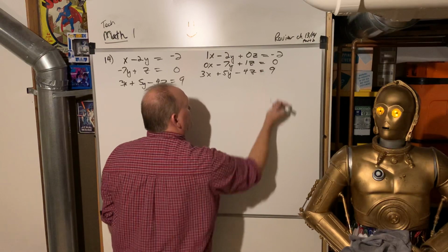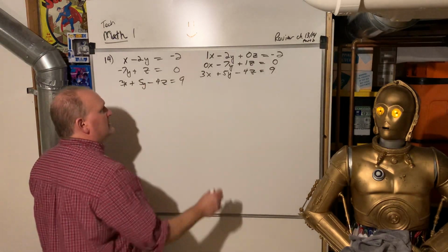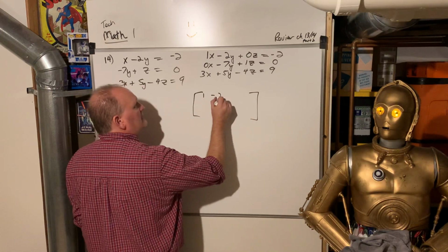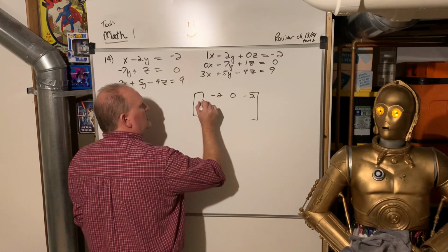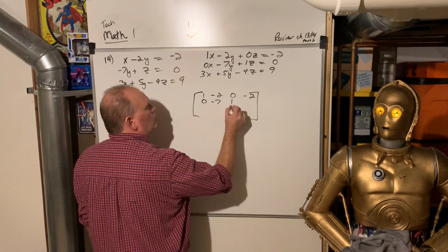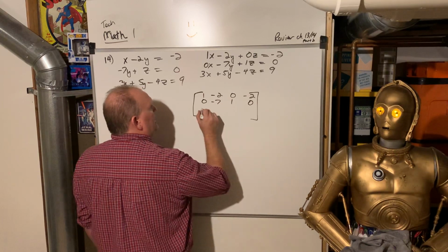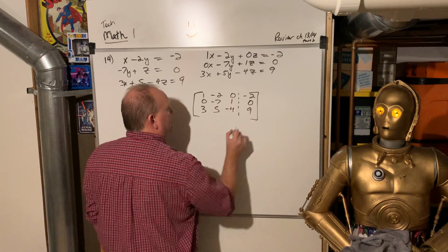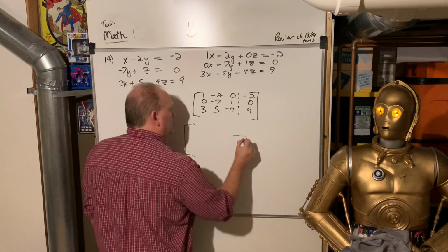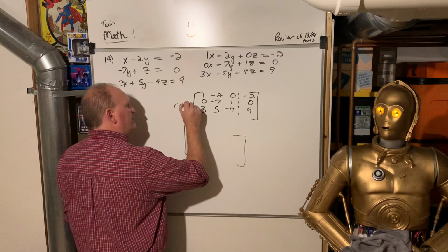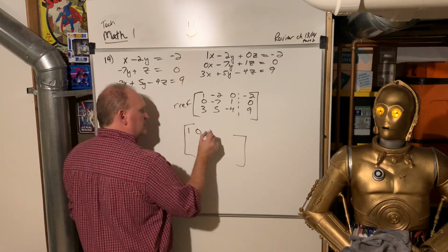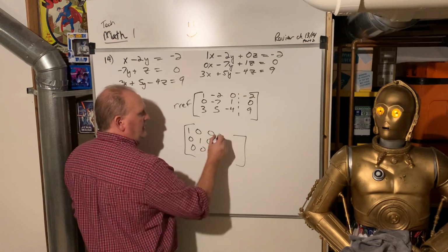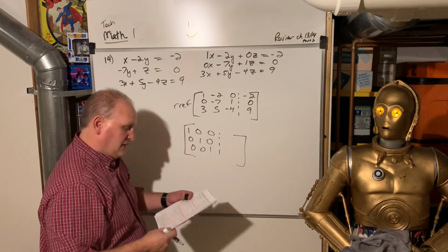All right. So here is our augmented matrix. It is 1, -2, 0, -2, 0, -7, 1, 0, and 3, 5, -4, 9. And we're going to do the reduced row echelon form of that and get 1, 0, 0, 0, 1, 0, 0, 0, 1, and kick out the answers here.